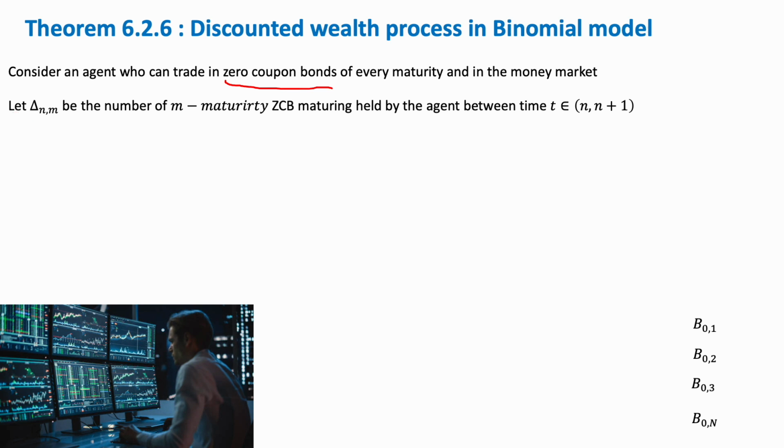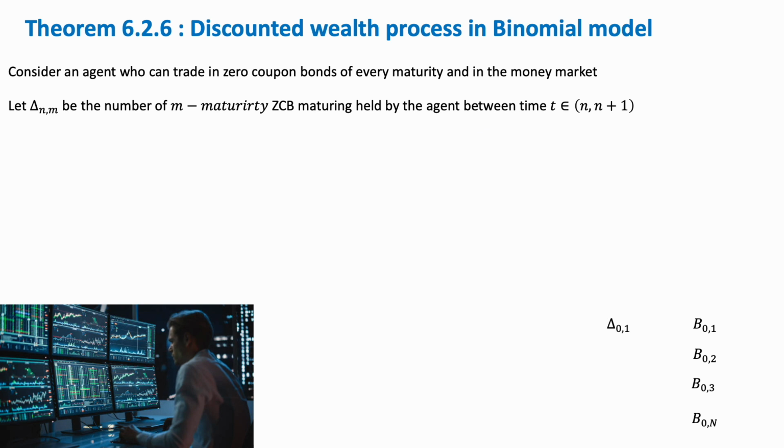So now we're going to call Delta nm the number of m maturity zero coupon bonds that the agent will hold at time t, which is between n and n plus 1. So this is just basically the number of shares that the trader can decide to trade in.